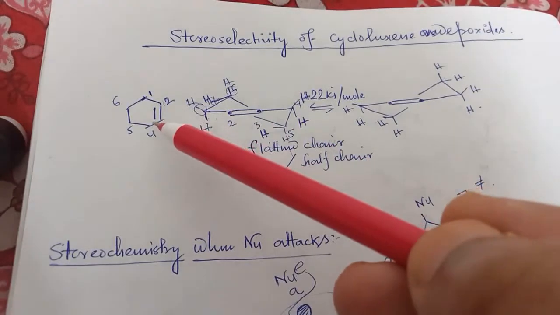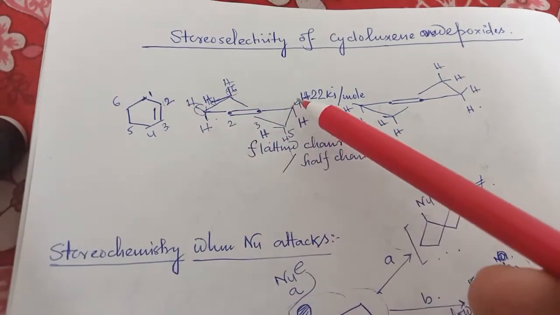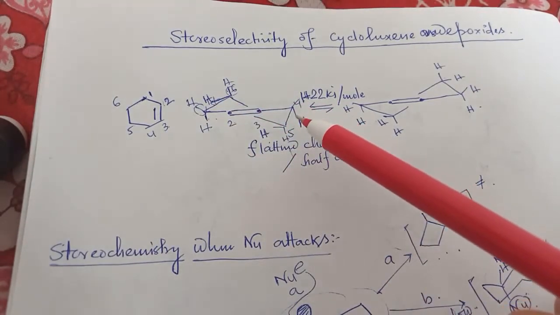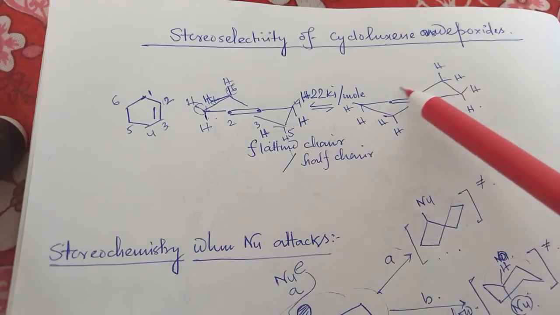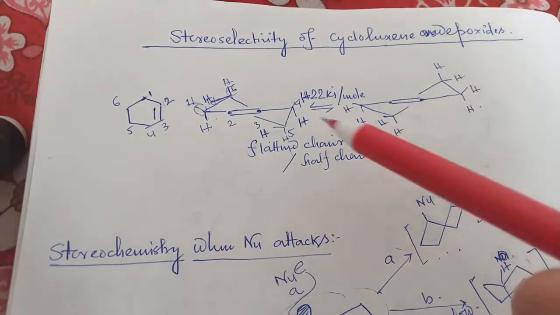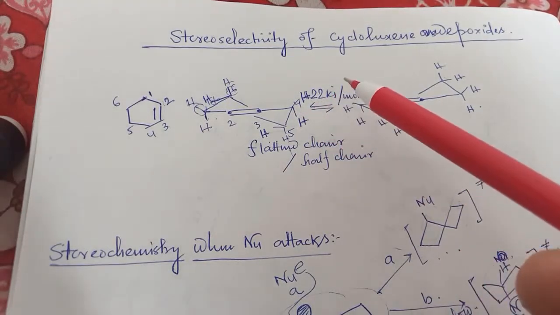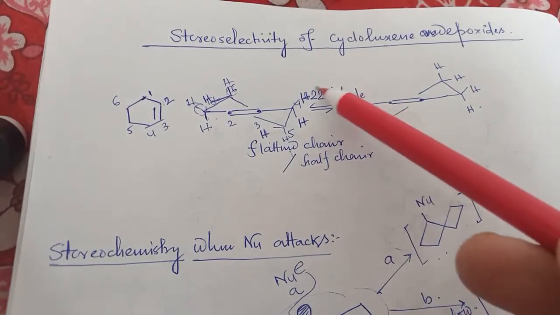So this is cyclohexane in planar form, and this is how it looks when it is in 3D form. You can see the two conformations which are easily interconvertible because the energy barrier, or you can say the energy gap, is very small, almost 22 kJ per mole.